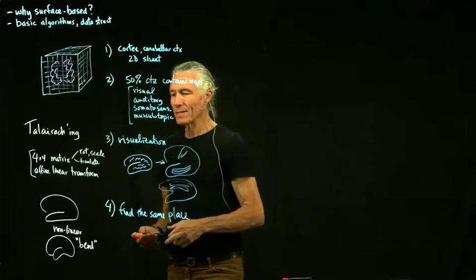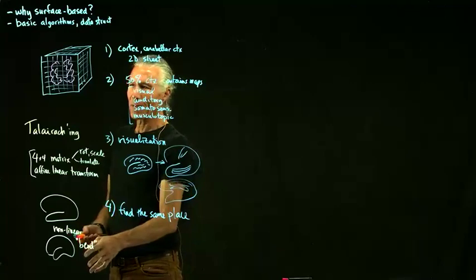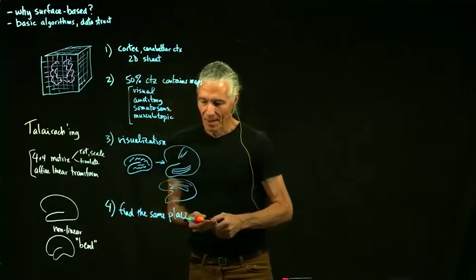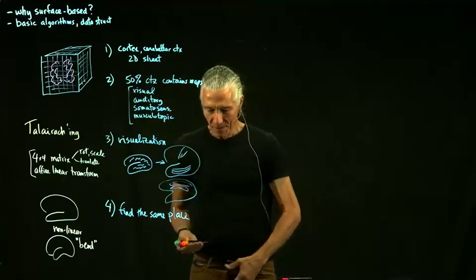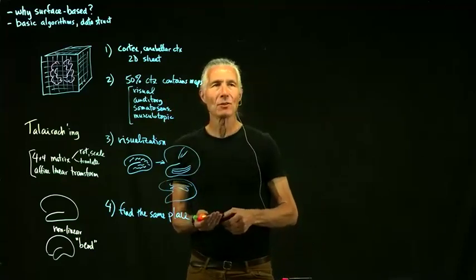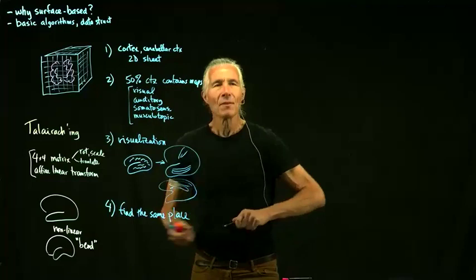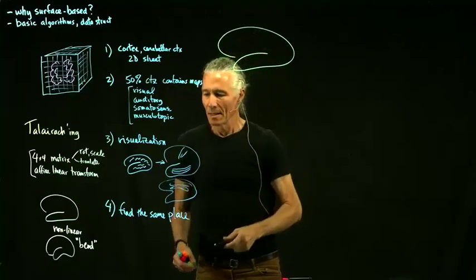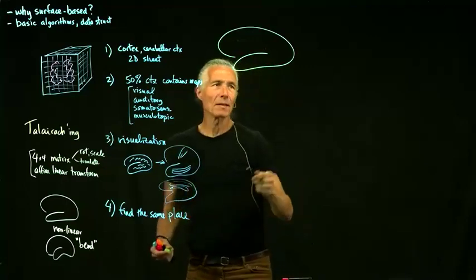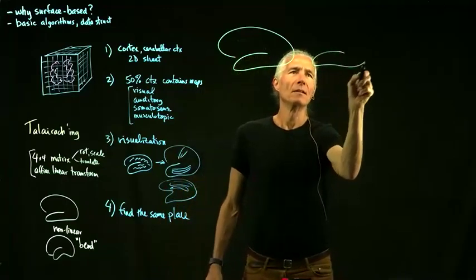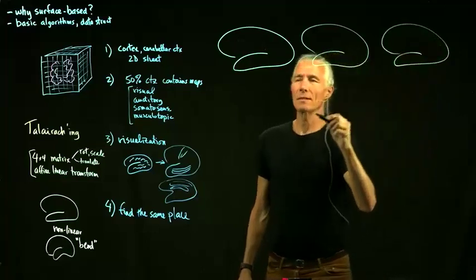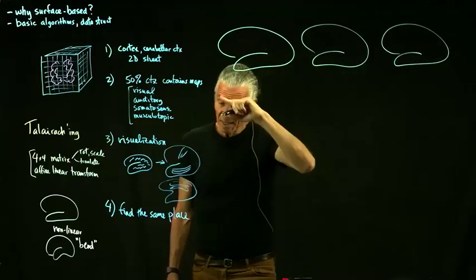But what's one of the reasons why, even if we ignore bending, it's hard to align brains? An example is what happens with major sulci. So here's one brain, and here's another one. Let's take something like the superior temporal sulcus.